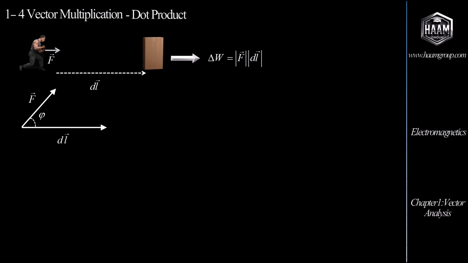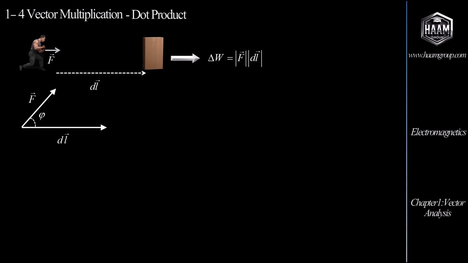Now, suppose there is an angle between the force and the displacement. That is, the displacement is not entirely along the direction of the force. For example, suppose we have a force vector and the displacement vector with an angle phi between them.